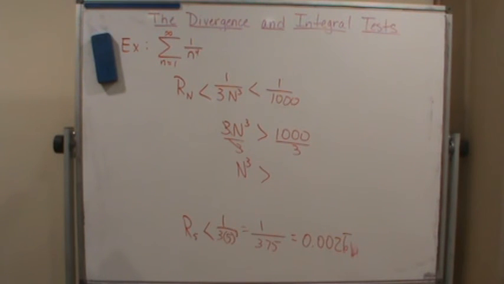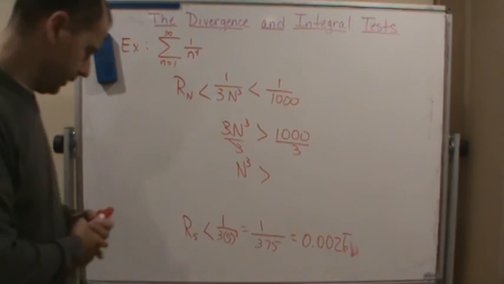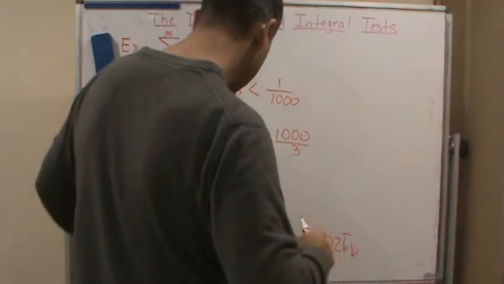Okay, so now I need to take the cube root of both sides. And here's what I'm going to do, because I don't have my calculator with me.